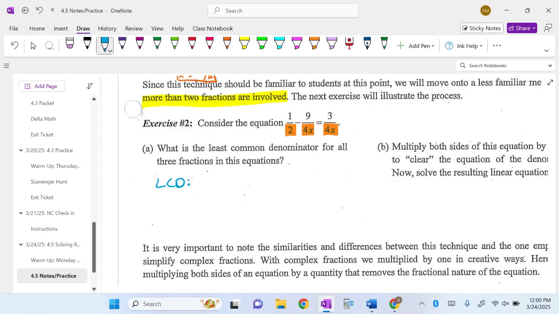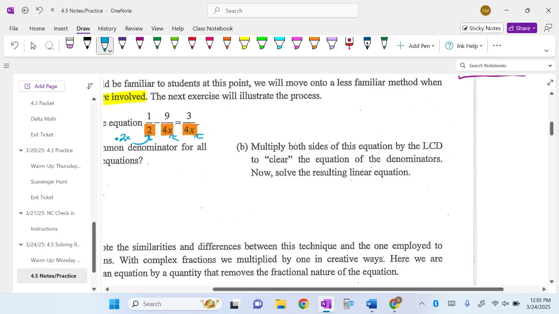When in doubt, multiply the 2 denominators together. So a common denominator would be 8x if I did 2 times 4x, but the least common denominator in this case is 4x. Because I could change this 2 if I multiplied 2x to it to give me 4x, and these I could just multiply 1 to. So you're looking for a denominator that if you multiplied another number or value to it, you could get that denominator.